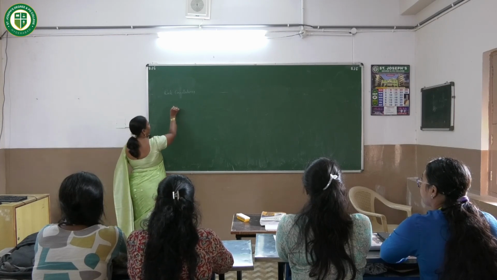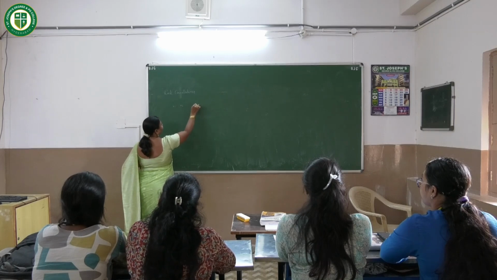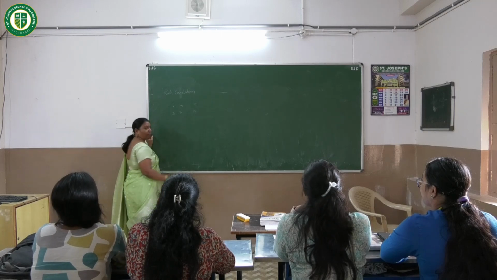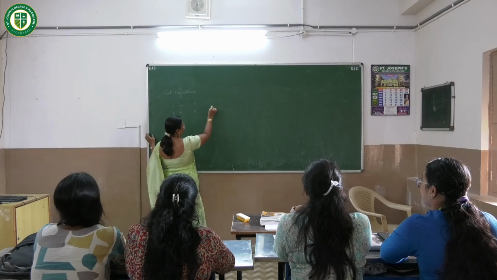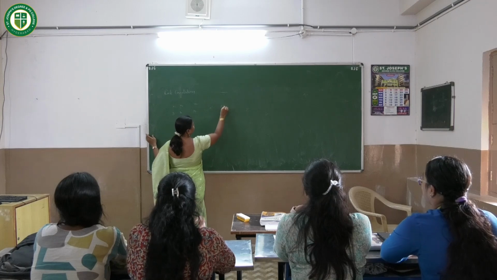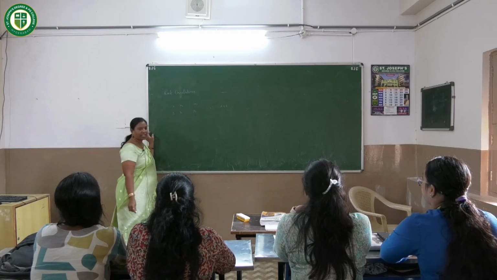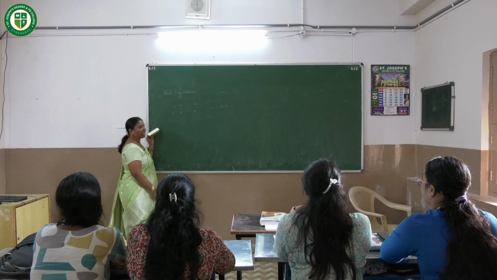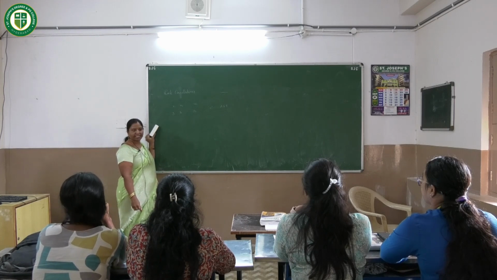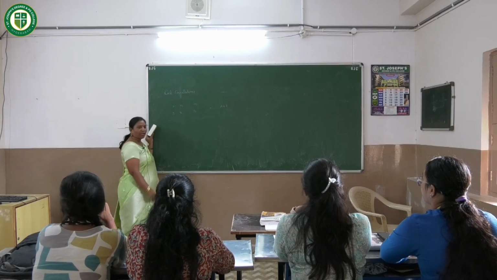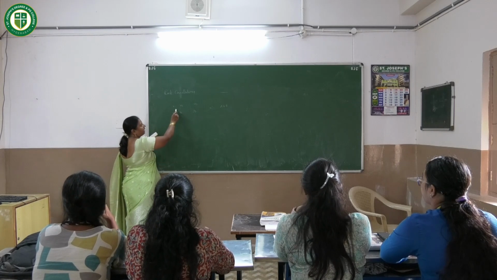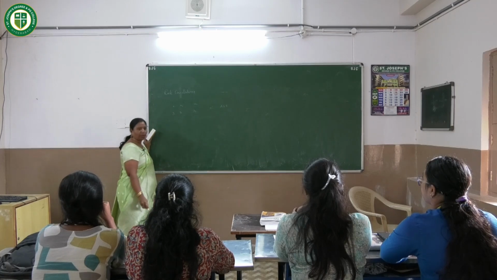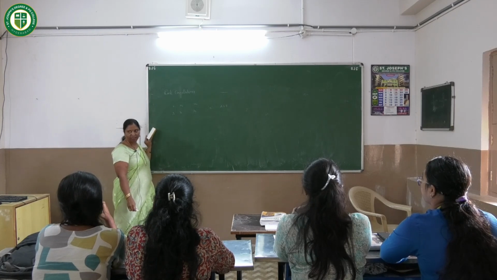Let us suppose that x1, x2 and so on xn and y1, y2 and so on yn be the ranks of n individuals of the two characteristics A and B. The correlation obtained for the ranks of n individuals of the two characteristics A and B is called the rank correlation coefficient.